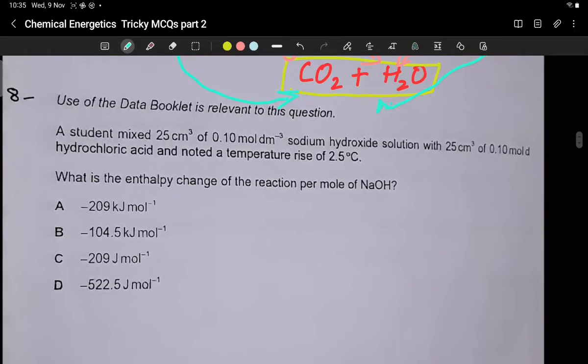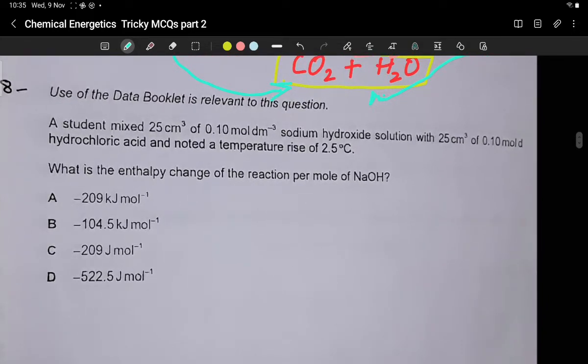Next question is use of the data booklet. Use of the data booklet is relevant to this question. A student mixes 25 cm³ of 0.10 mol per dm³ sodium hydroxide solution with 25 cm³ of 0.1 mol per dm³ hydrochloric acid and notes a temperature rise of 2.5 degrees centigrade.